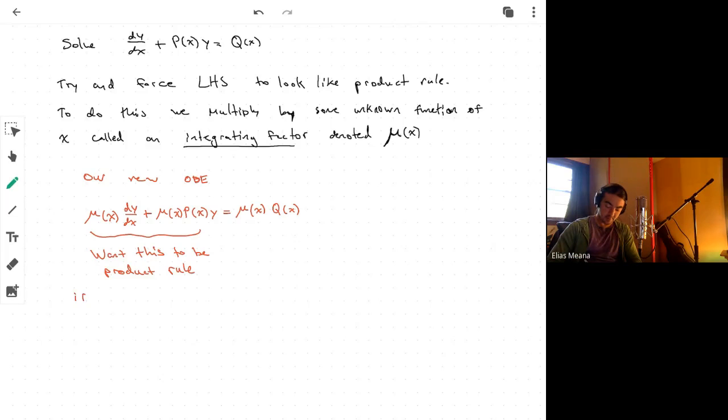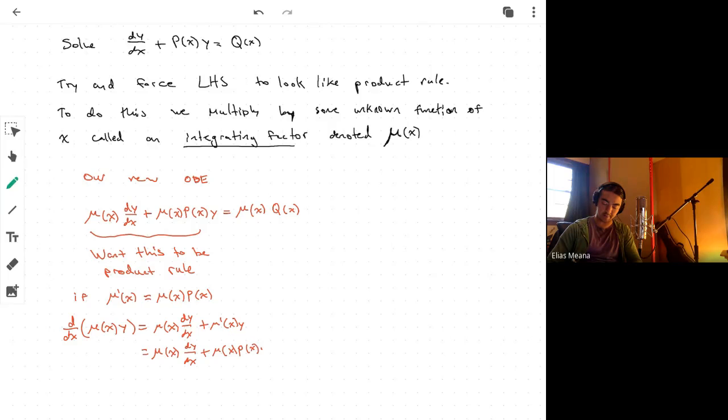If mu prime of x equals mu of x p of x, then we'd be able to write d dx of mu of x times y as mu of x times dy dx plus mu prime y, which of course would be mu of x dy dx plus mu of x p of x y, right?